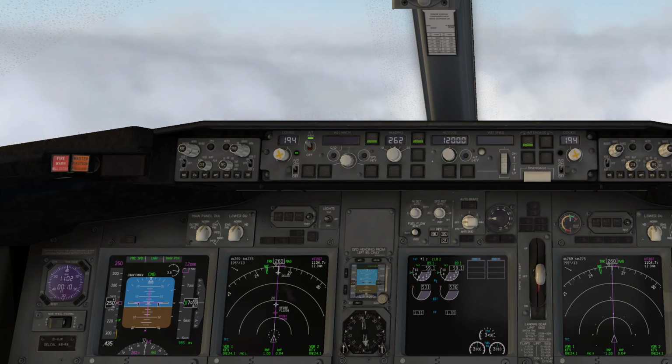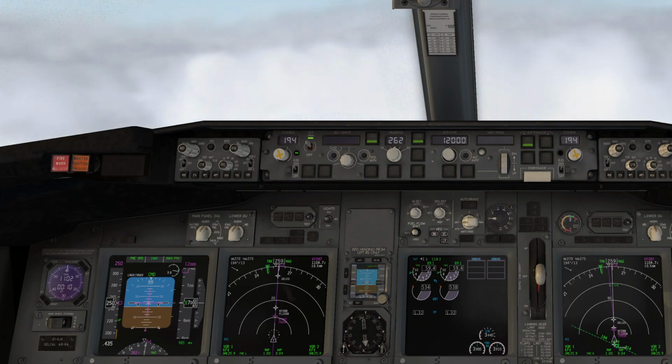Okay, approaching now the waypoint is 12 nautical miles. So Dallas is the end of the departure.